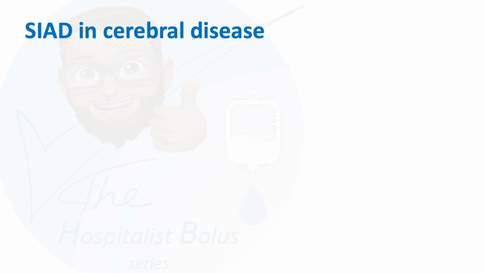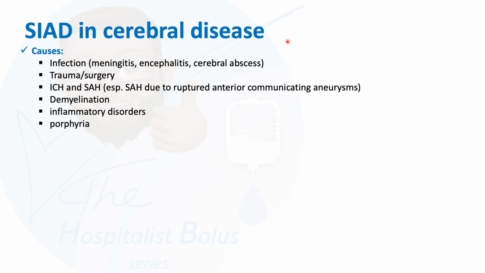Okay, so this is the last group, the fourth group that can be associated with SIADH, which is cerebral disease. As you can imagine, there are many neurovascular causes of SIADH, including infections, meningitis, encephalitis, cerebral abscess, trauma or surgery, brain surgery, bleeding, intracerebral hemorrhage or subarachnoid hemorrhage, especially subarachnoid hemorrhage associated with rupture of the anterior communicating aneurysm for some reason, multiple sclerosis or other demyelinating disease, inflammatory disorders, and porphyria.